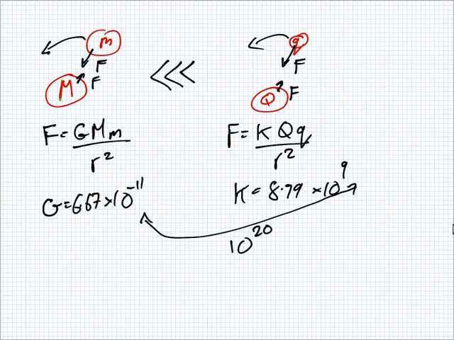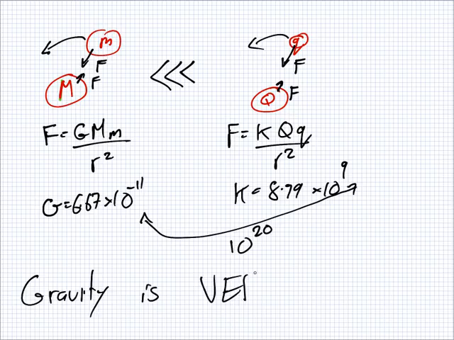Now, if the Earth was a magnet and this was another magnet, I would not be able to pull it. It would just go straight down. So I'm just trying to say that gravity is very weak. But Earth is like a magnet, right?